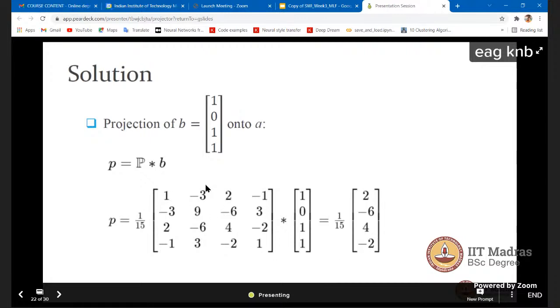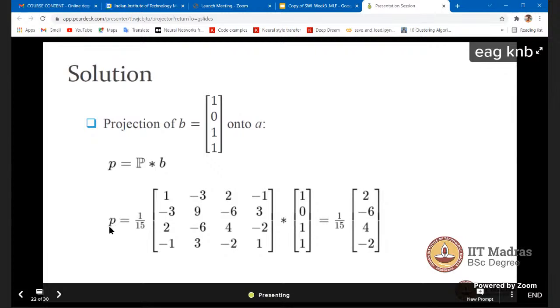You omit the second column and simply add the other columns: 1 plus 2 minus 1, that is 2. Minus 3 minus 6 plus 3, that is minus 6. 2 plus 4 minus 2, that is 4. Minus 1 minus 2 plus 1, which is equal to minus 2. So this is your projection vector.